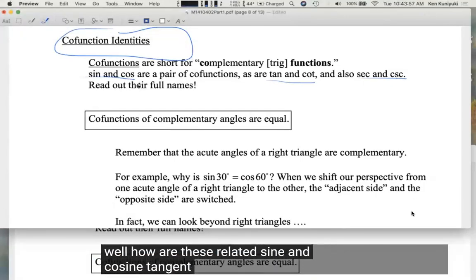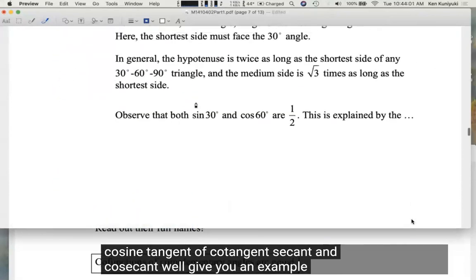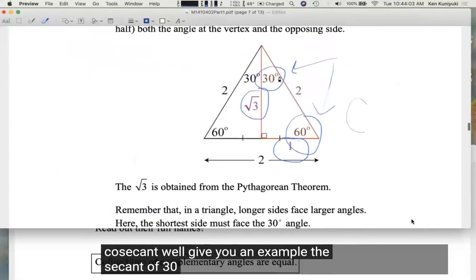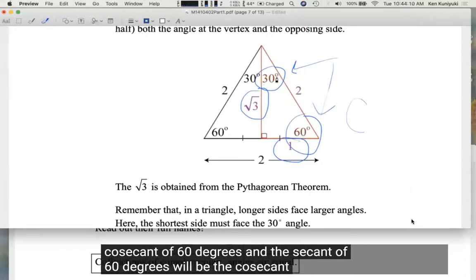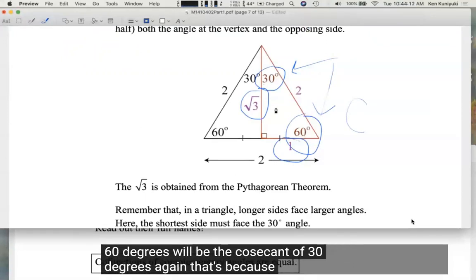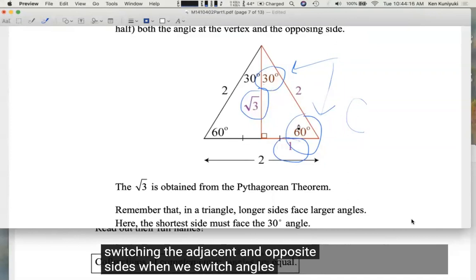I'll give you an example. The secant of 30 degrees will be the cosecant of 60 degrees. And the secant of 60 degrees will be the cosecant of 30 degrees. Again, that's because we're switching the adjacent and opposite sides when we switch angles.